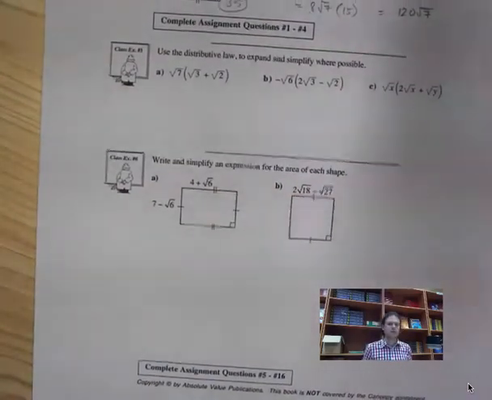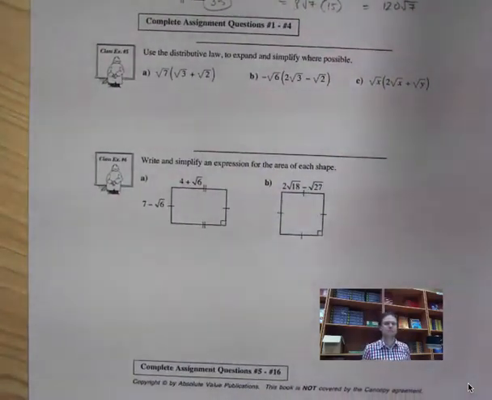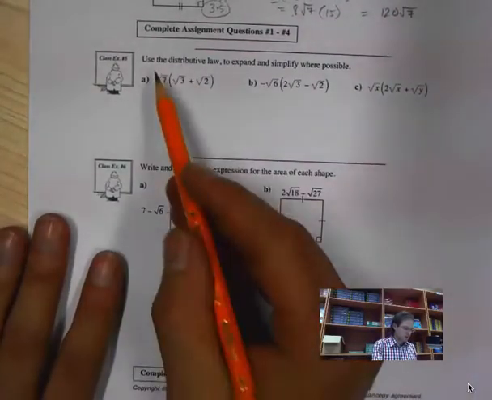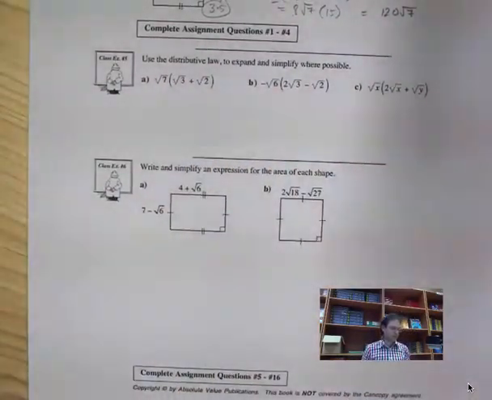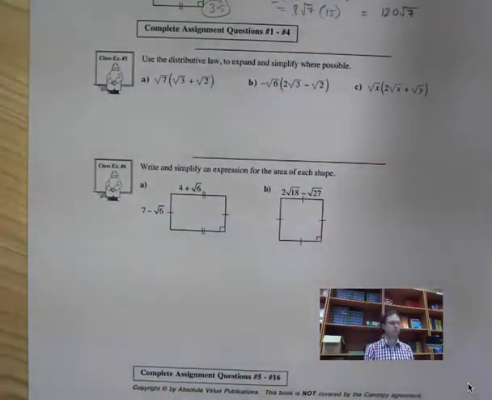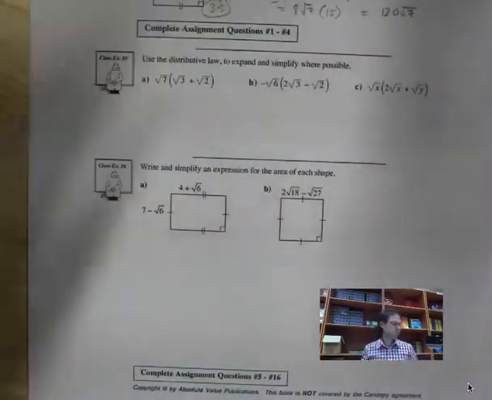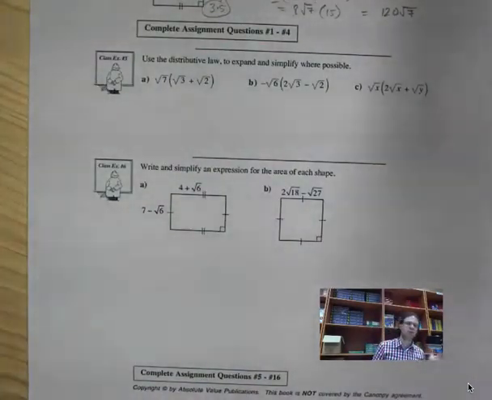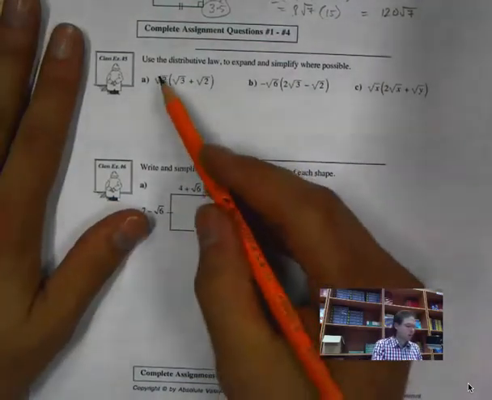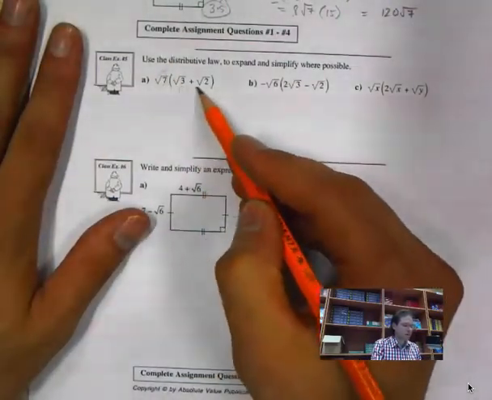Alright. So now let's take a look at the next one. The next one says, use distributive law to expand and simplify where possible. So now we're going back to our very first part here, and we're going to use our distributive law. So at the very beginning, this must be multiplied to everything in there.